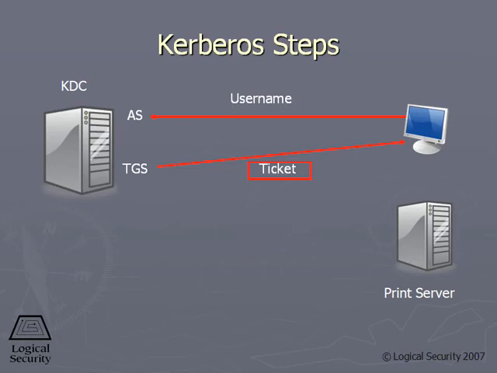So again, I come in at 8 o'clock in the morning, I type in my username and password, and my username goes over to the authentication service. If I'm in the database, it gets my secret key, and a ticket is created that's encrypted with my secret key. It goes over to my workstation.